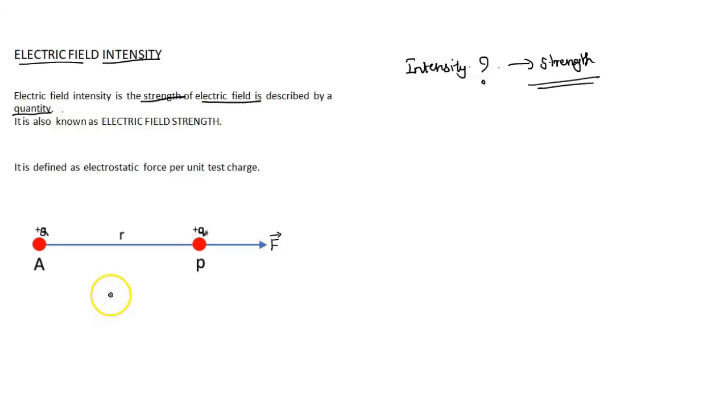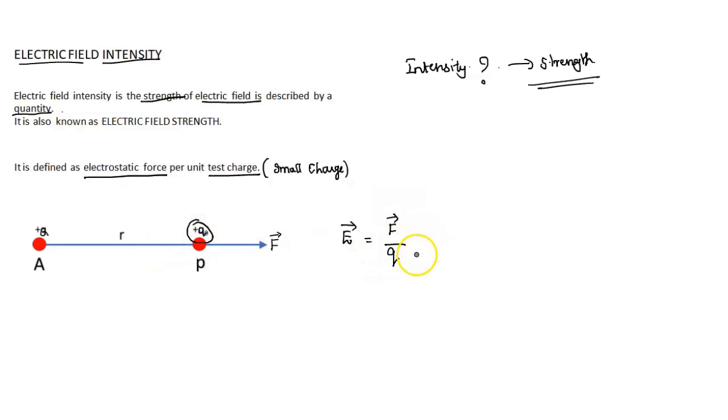Suppose we have one charge plus Q at a point A, and another charge q is placed at a distance r from A. Electric field intensity is the ratio of the electrostatic force to the test charge. So we define electric field intensity E equal to the electrostatic force F per unit test charge q, where the test charge is small letter q.